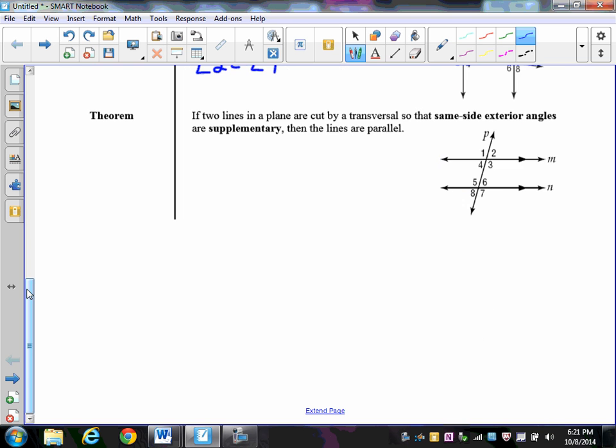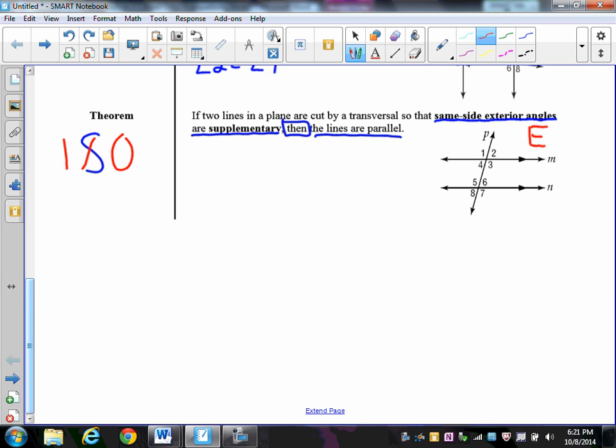The last theorem we have, if two lines in a plane are cut by a transversal so that same side exterior angles are supplementary, then the lines are parallel. So again, we have that word supplementary. You need to remember the S means 180 for supplementary. So we have same side exterior.